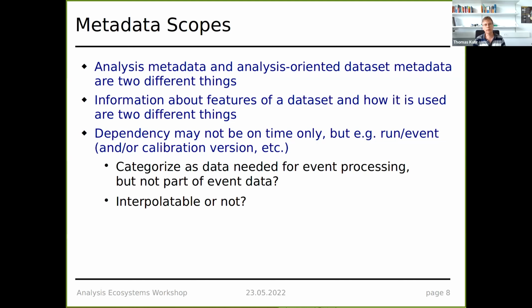Also, dependency: this time-dependent metadata was given, but the dependency may not be on time only, but actually on run experiments. Maybe that's meant by this, but here one can probably be more explicit. And maybe instead of calling it time dependent, one could categorize it as data that is needed for event processing, but not part of the event data.